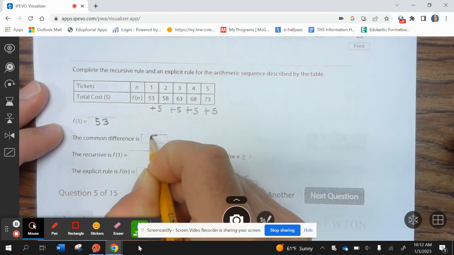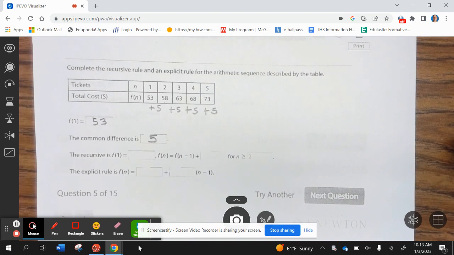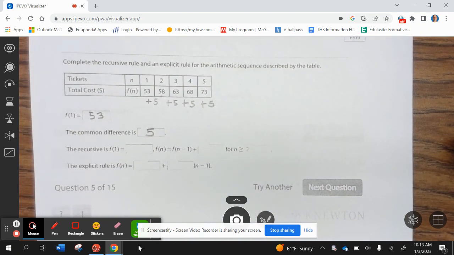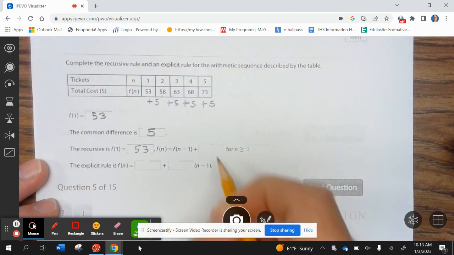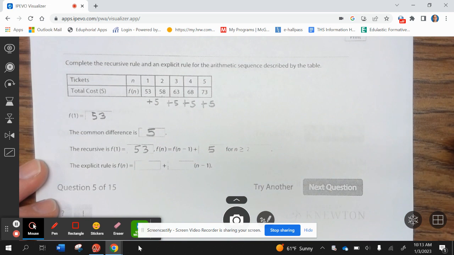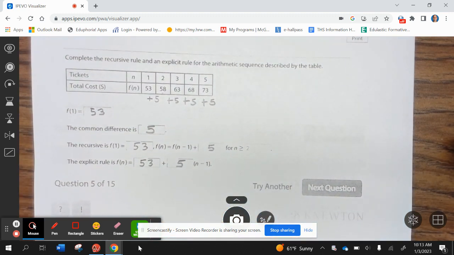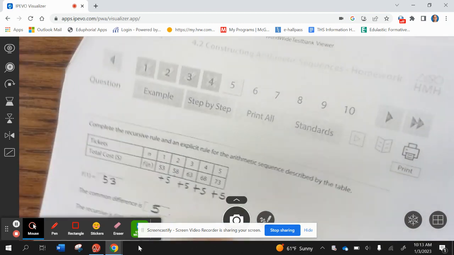So the common difference is a positive 5. So the recursive rule: f of 1 is 53, and f of n is plus 5 here, n is greater than or equal to 2. So the explicit rule is 53 plus 5 times n minus 1. All right, let's take a look at the next example.